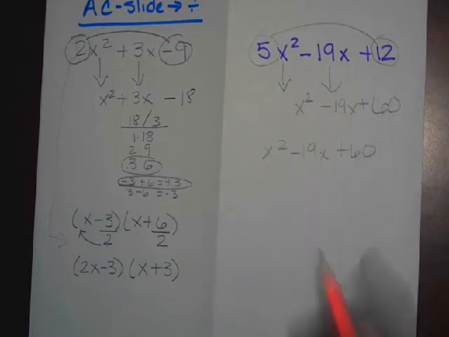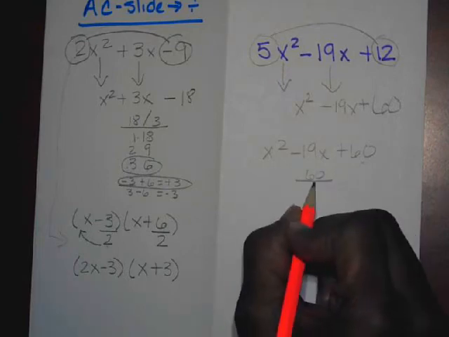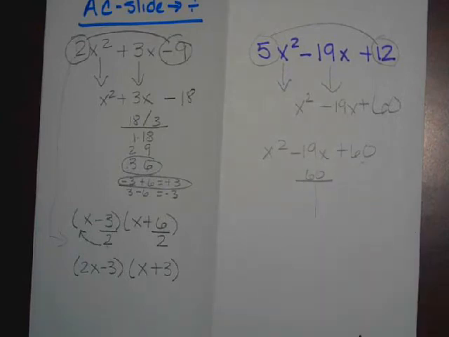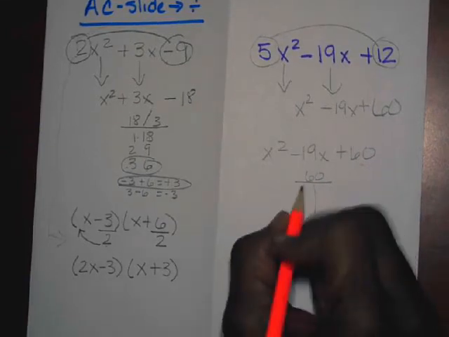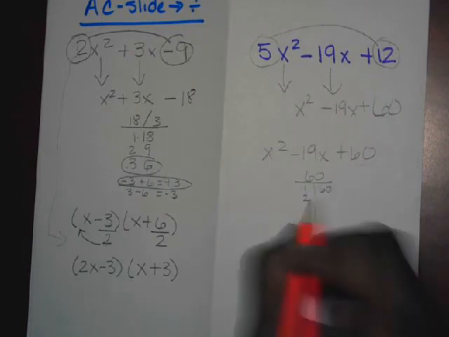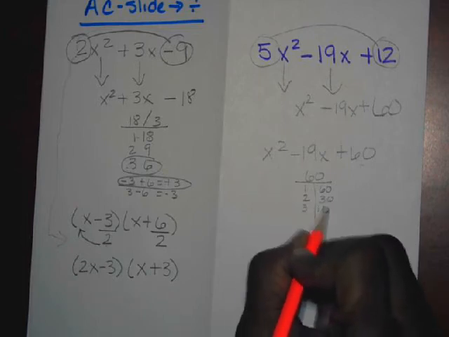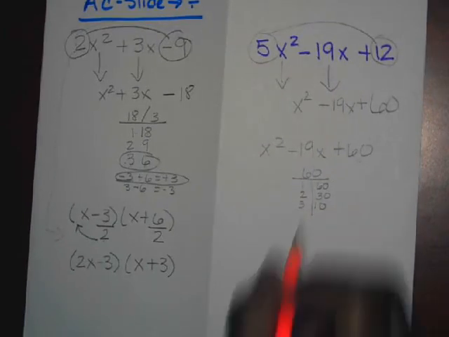All right, now I need to figure out what are my factors of 60. Now, if you're good with your multiplication facts, you don't need to write all this down. And if you're not good with your multiplication facts, you can use the Inspire the way Ms. Gartman showed you. Go to graph, put in 60 over x, and you can find your factors that way also. So I'm going to write them down. 1 and 60, 2 and 30, 3 and 10, what else?